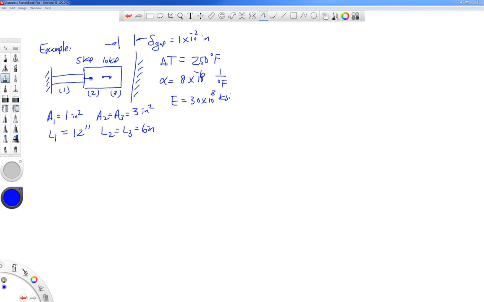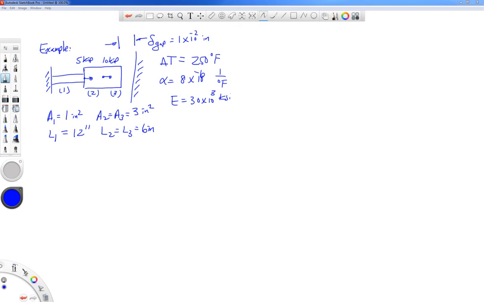We're given some material properties. Coefficient of thermal expansion is 8 times 10 to the minus 6 per degree F, and the modulus of elasticity is 30 times 10 to the 3 ksi. The areas of section 1 are 1 square inch, 2 and 3 are both 3 square inches, and the length of section 1 is 12 inches, and sections 2 and 3 are 6 inches.